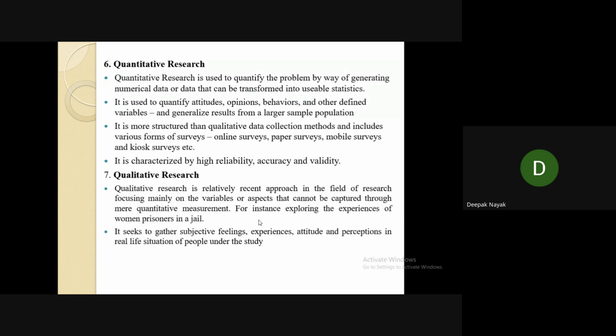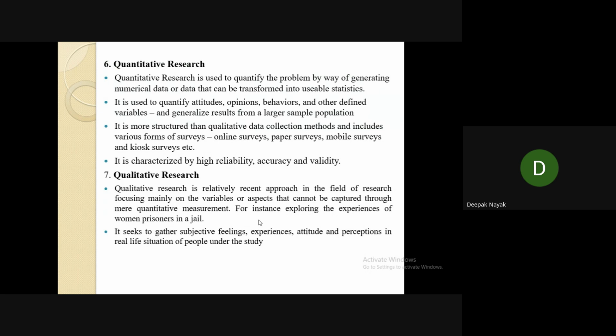And if you want to understand the real experiences the women prisoners are undergoing in jails, it is more appropriate to understand them qualitatively, by observing them, by living with them for some time through immersive practices, and by interacting with them through in-depth discussions.